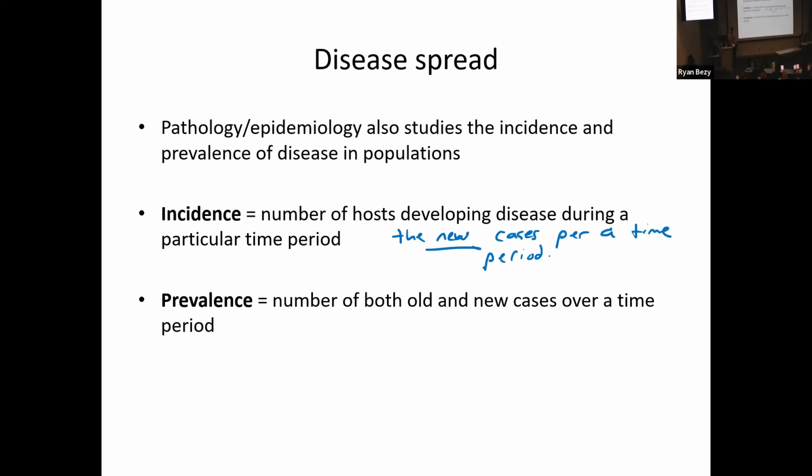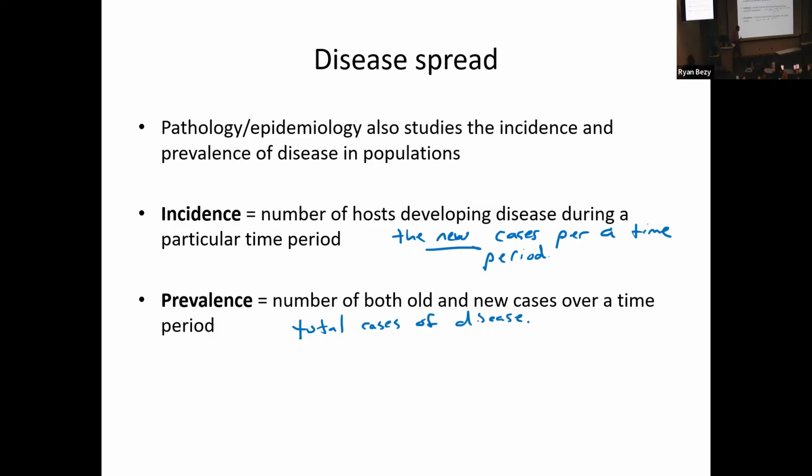So incidence is focused on newly developing cases of a disease. Prevalence then is going to be both the number of old and new cases over time, the total cases of disease is what we're talking about with prevalence.